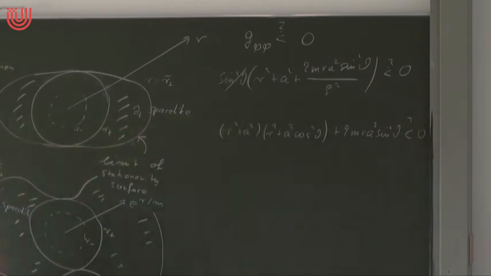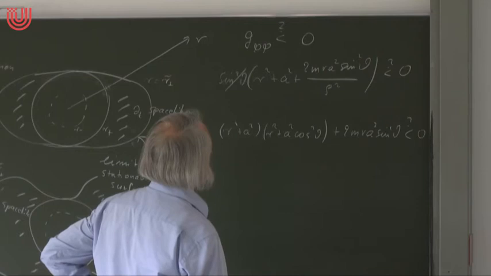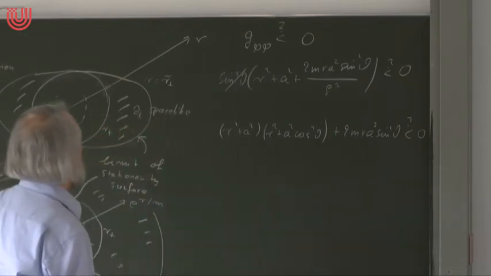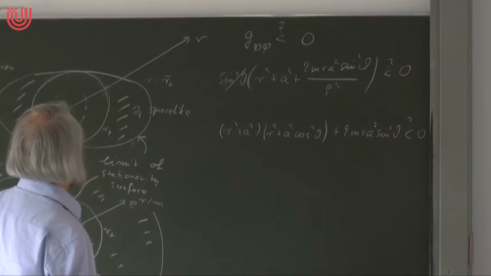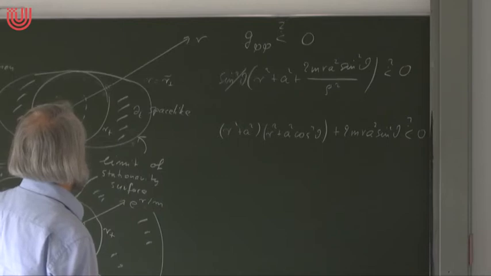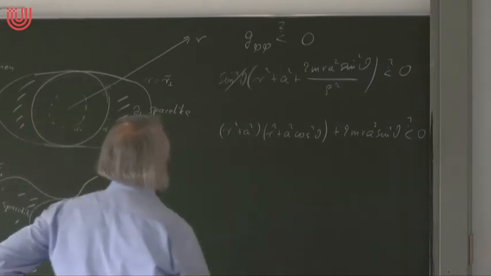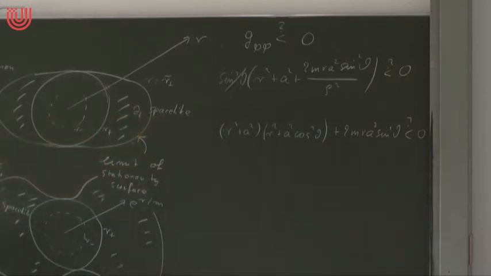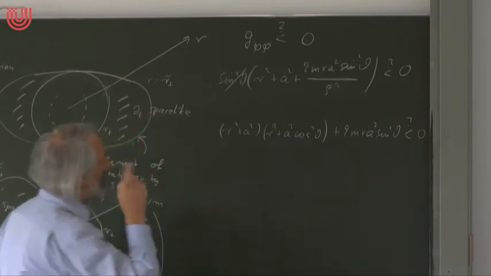So let's see, what is this? If I send r to 0 from the negative, can one see this? My claim is that for negative values of r near the ring singularity, at the ring singularity I also have a squared cosine squared theta equal to 0.